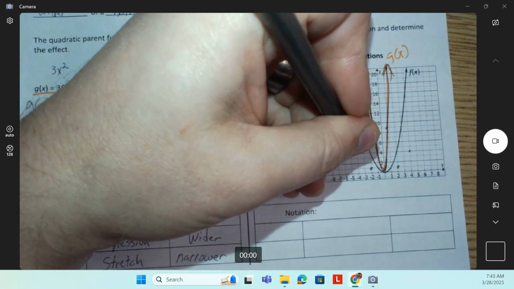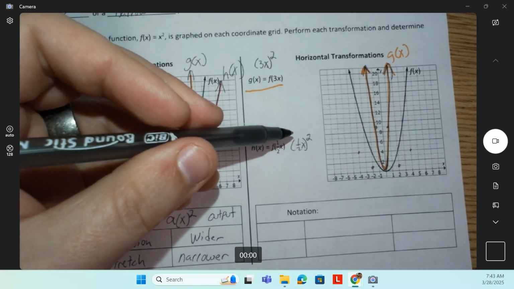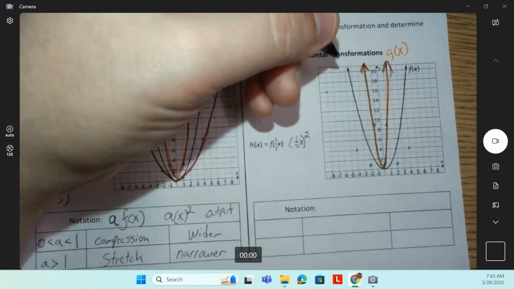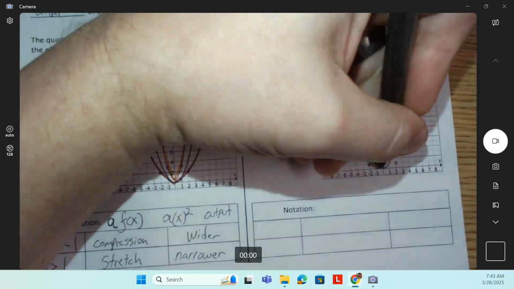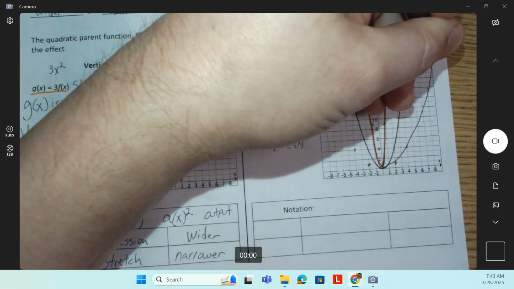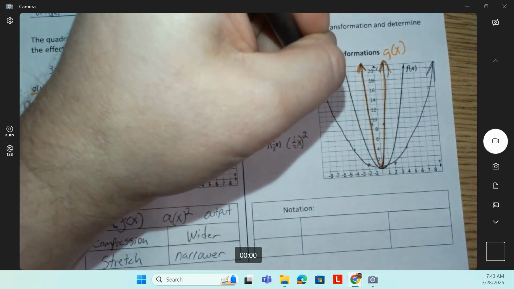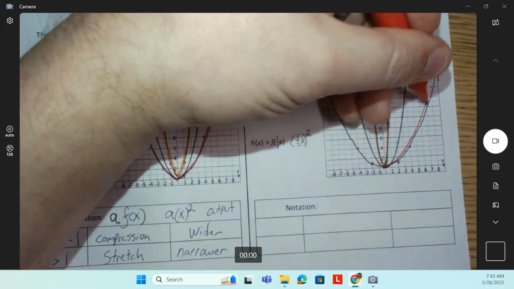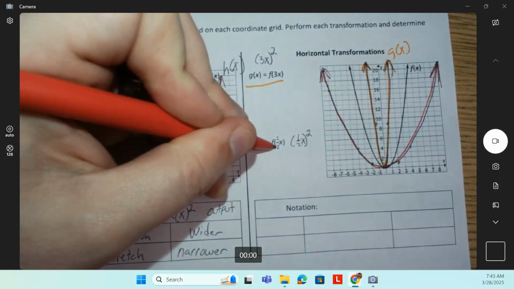So here we're at 4, 4. And then we could go out to 8, which is 4, so that'd be 16. Just to give you an idea of how much wider this makes it. So it gives it a decent stretch going through. And that's for h of x.